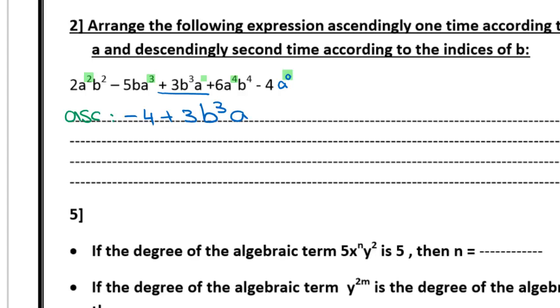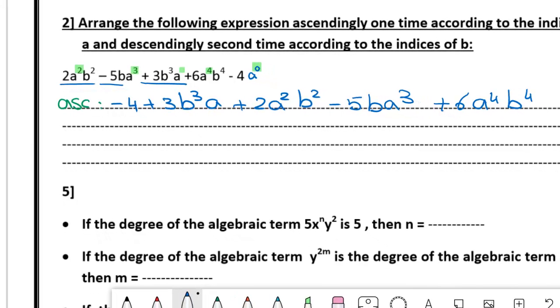And then I have plus 2a to the power of 2, b to the power of 2. And minus 5, b, a to the power of 3. And the last one is plus 6, a to the power of 4, b to the power of 4.